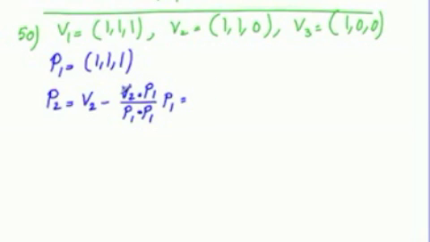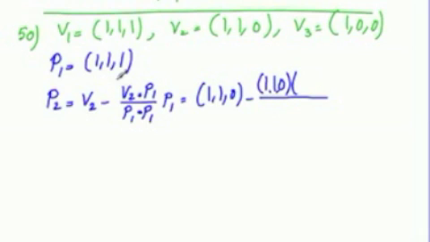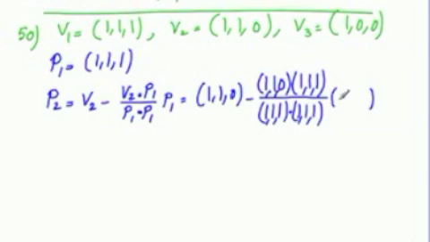So V2, our vector, minus our vector (1, 1, 0), times, divided by, I hope my handwriting is readable, P1 · P1, times what? (1, 1, 1). That's our P2.